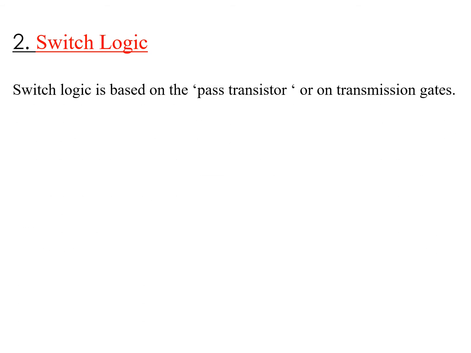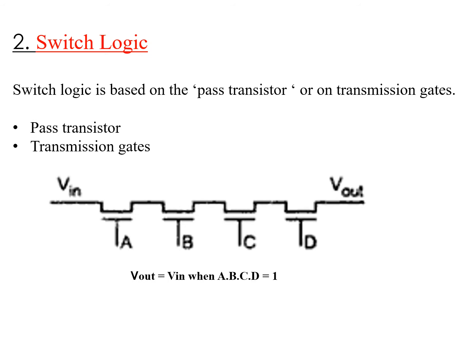Switch logic is basically used for the pass transistor or transmission gate. Now the first one you can see here is a simple diagram. These are some logic arrangements. In this particular logic arrangement, you can see that I have taken 4 basic NMOS structures. Each of these 4 NMOS structures, that is A, B, C and D, are connected in series.